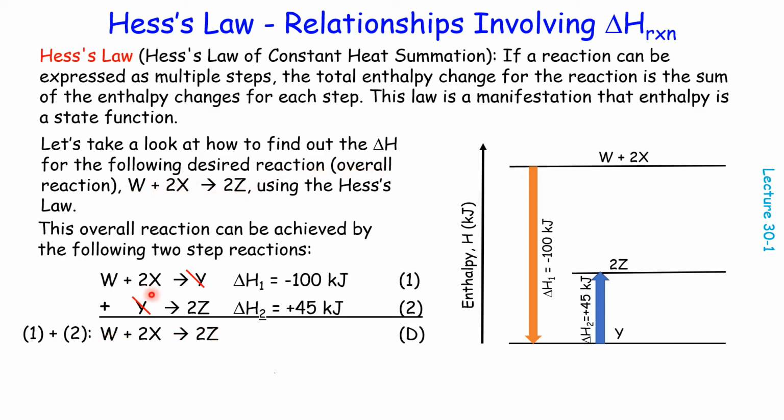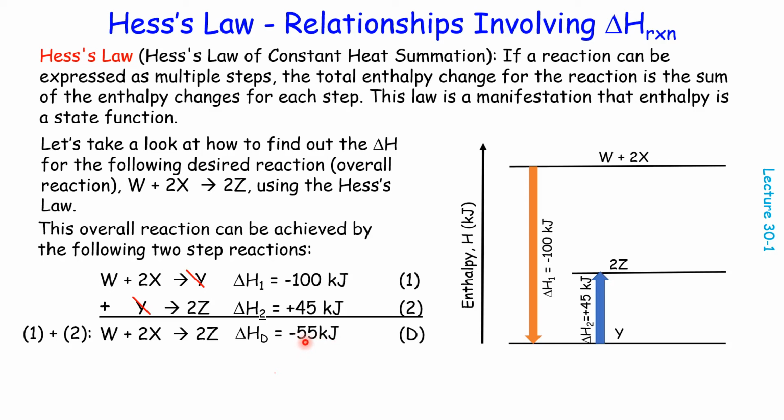But in Hess's law, you don't just add up the reactions. You have to do the same for the delta H. So delta H of this desired reaction should be the sum of the two, which is negative 55 kilojoules.